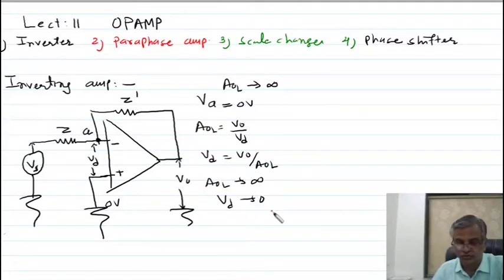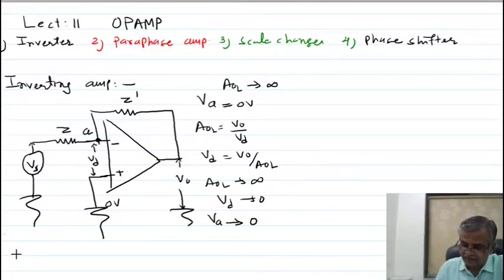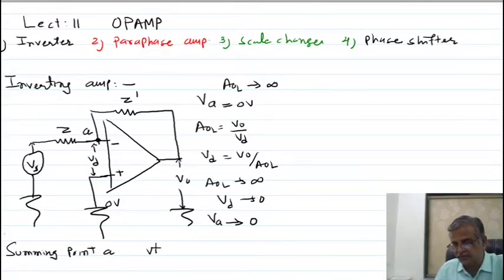So I have shown that the potential at VA is 0. This point A is called the summing point. Summing point A behaves as a virtual ground.